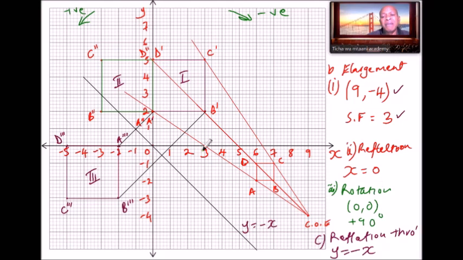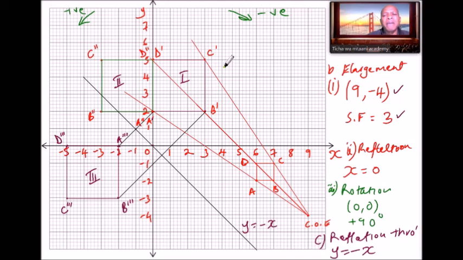Then we have rotation. Note that when we are rotating anti-clockwise, that is referred to as positive rotation. This is negative rotation, that is clockwise. Then in Form 2, you are also taught how you can get the rotated point, if you are rotating through positive 90, negative 90, positive or negative 180, such.